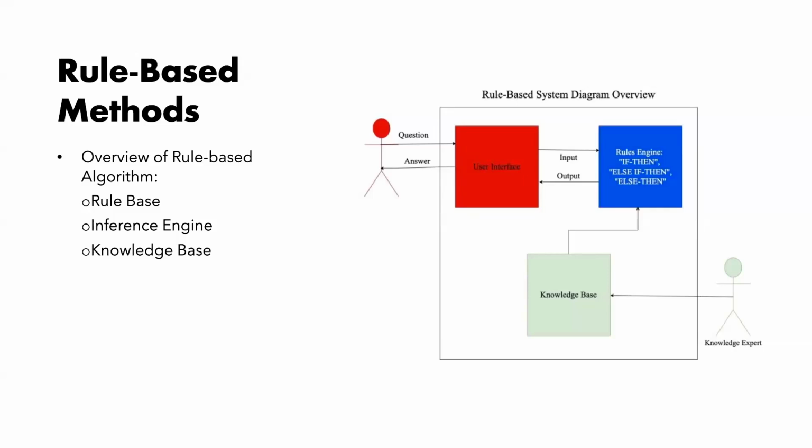Now, this knowledge expert can be a whole database of actual peer-reviewed papers that say that this fact is true, and all this has been created into a knowledge base. Now, what the rule-based method says is that if something is something, then we have this result.